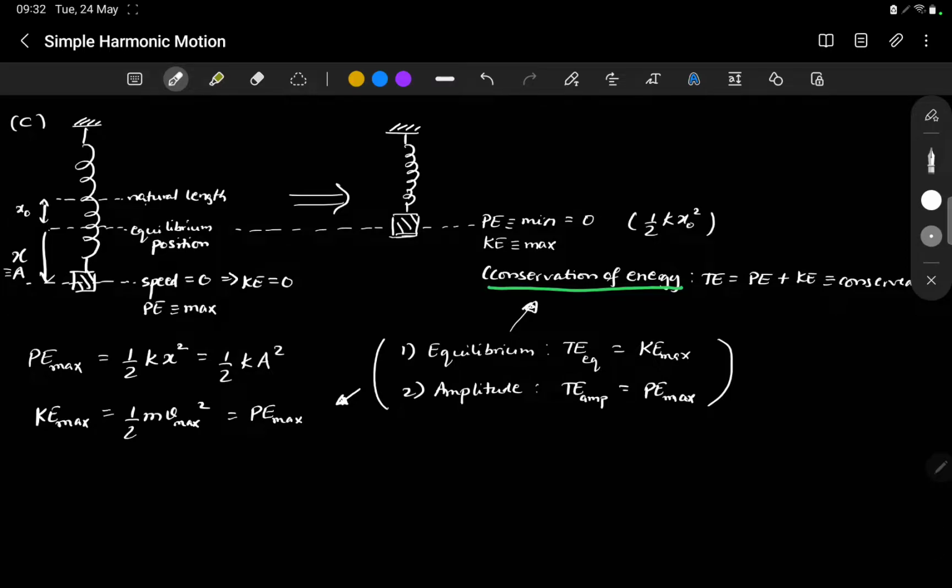So now we can solve for the maximum kinetic energy, or the maximum velocity, or the velocity at which the block passes the equilibrium position.